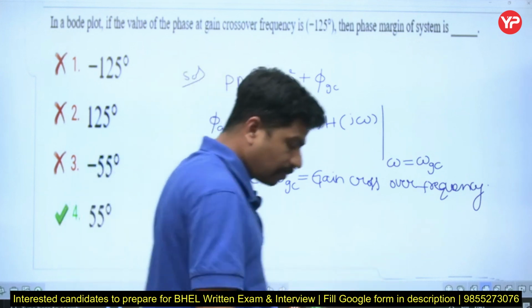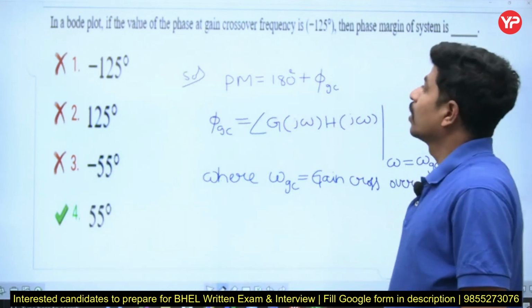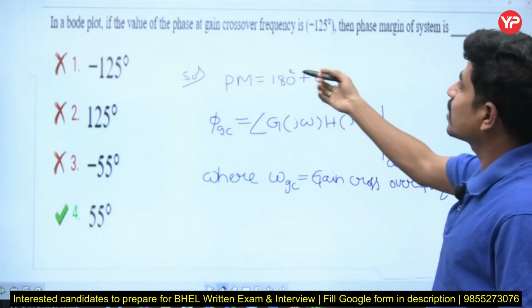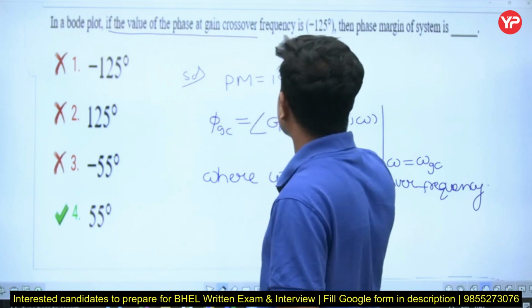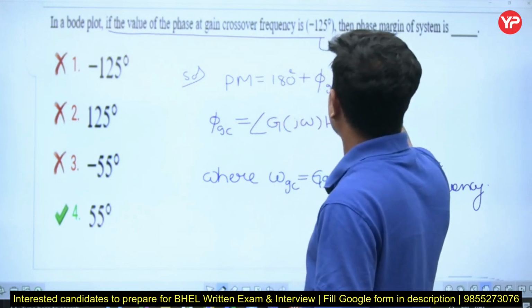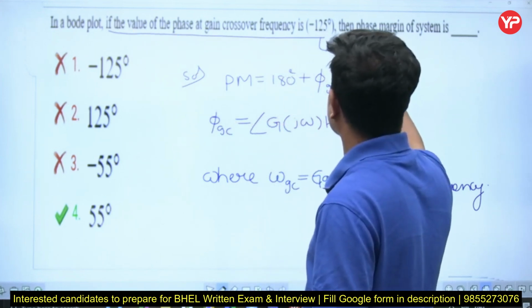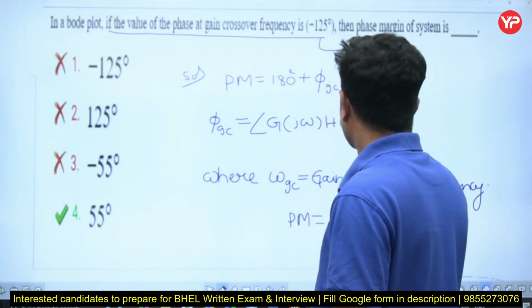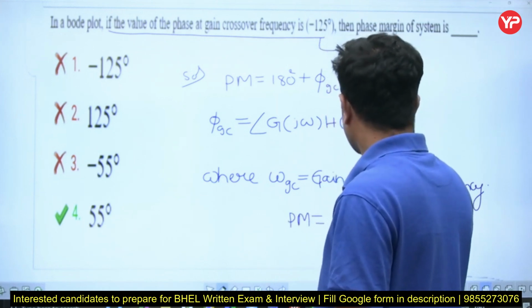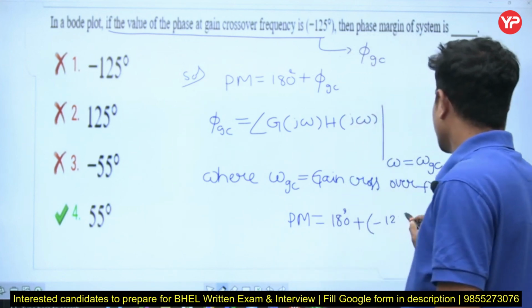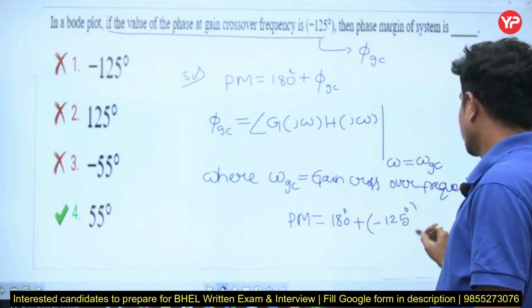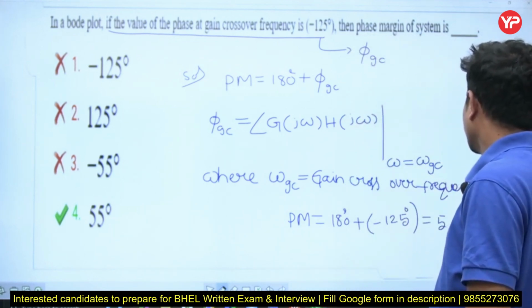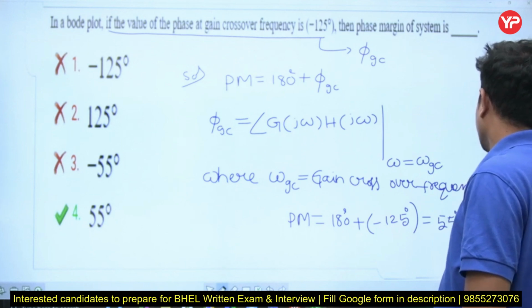Now what is given is that the value of the phase at gain crossover frequency, this minus 125, is phi GC. Then phase margin is equal to 180 plus phi GC, which is 180 minus 125. So you will get 55 degrees.